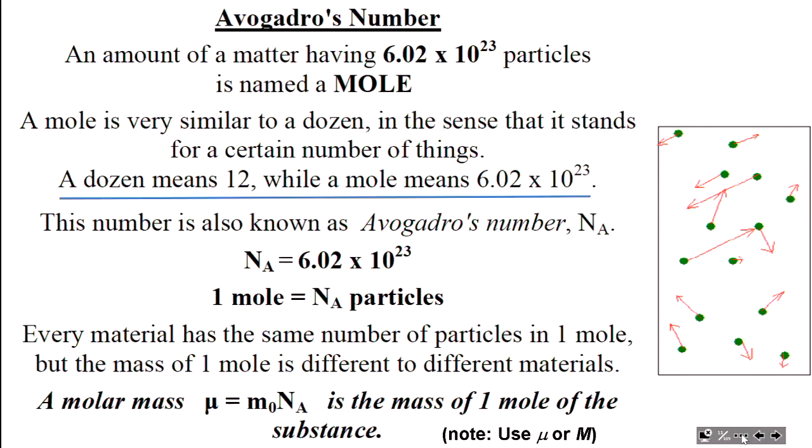That's it. So if we know how many particles are in a certain amount of matter, we can calculate how many moles are in it. If we know the molar or atomic mass of a single particle, we can calculate the mass of a single mole of that material. We just have to multiply two numbers.